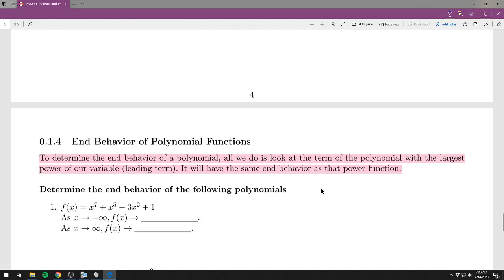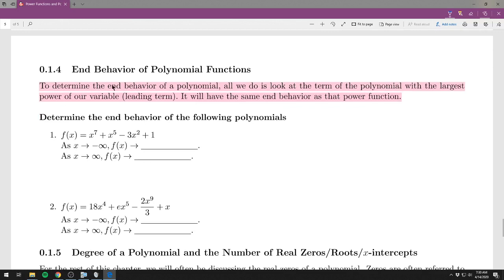And you can only zoom out so much before you can't even see the thing because it's too small. All right, so to determine the end behavior of a polynomial, all you do is look at the term of the polynomial with the largest power of our variable. If you do that, it will have the same end behavior as that power function. So the first example here, f of x equals x to the 7th plus x to the 5th minus 3x squared plus 1. Our leading term here, the term with the largest power of x, is x to the 7th.